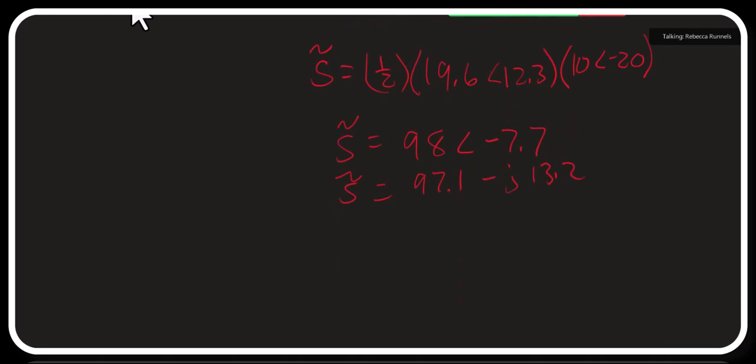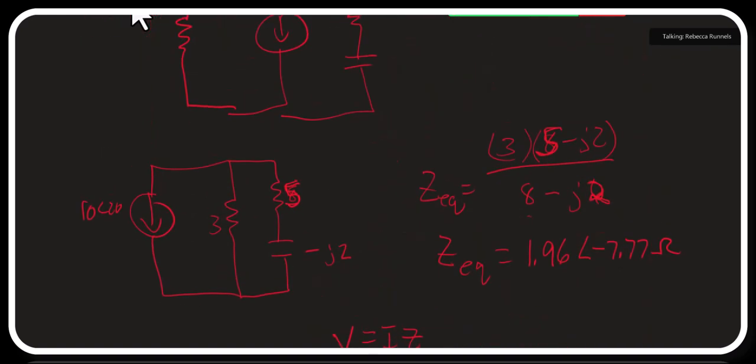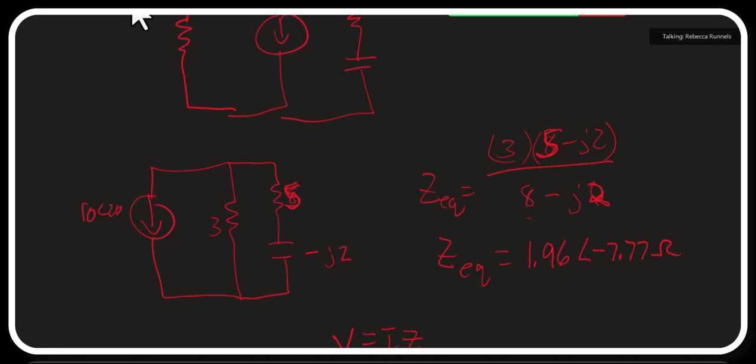And so our reactive power Q is negative 13.2 VAR, which we know has the right sign because it was capacitive. All right, very good. So stop this one.